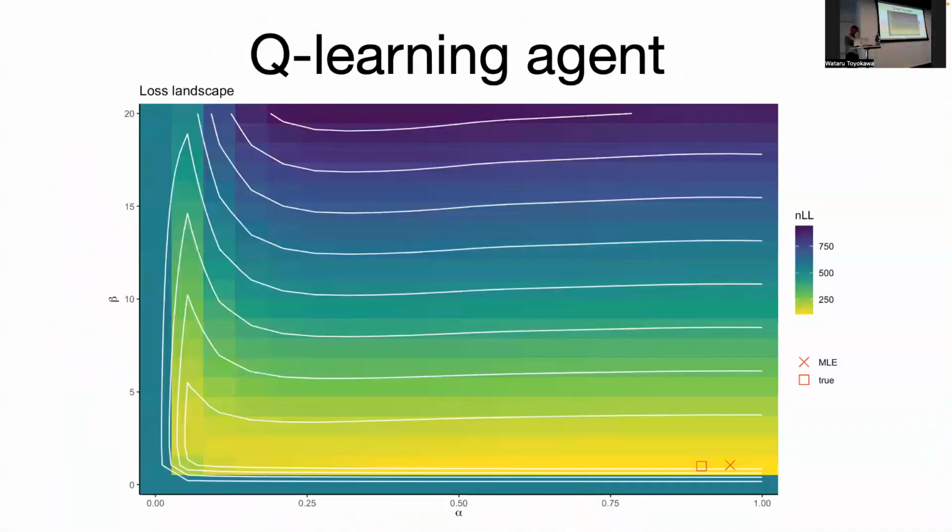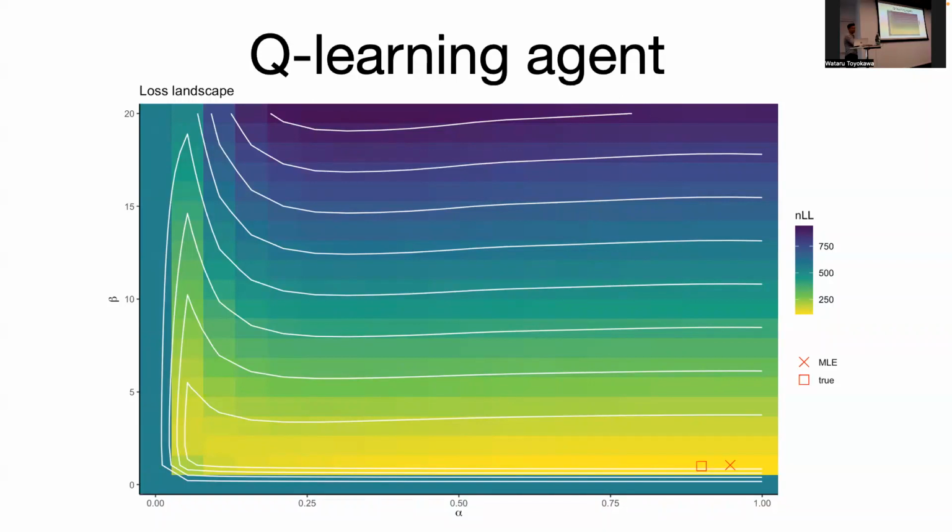In the code notebook, we also give an example of what a loss landscape looks like for a Q-learning agent with one of these bandit tasks. You can see that here we have different values of beta and different values of alpha. What the colors here correspond to is the negative log likelihood for a set of data that I've simulated. The simulated data are generated from where the square is, so this is where the parameters given to the agent are.